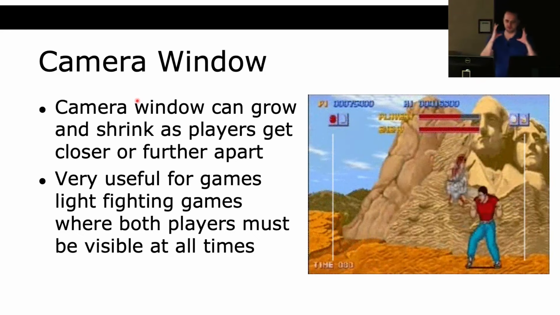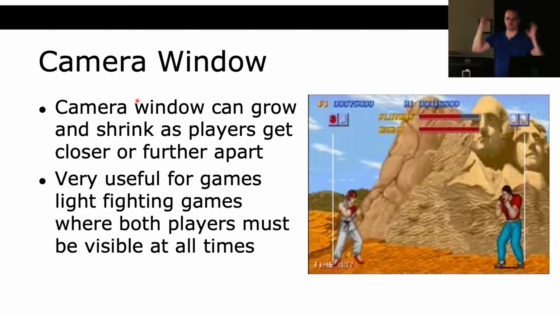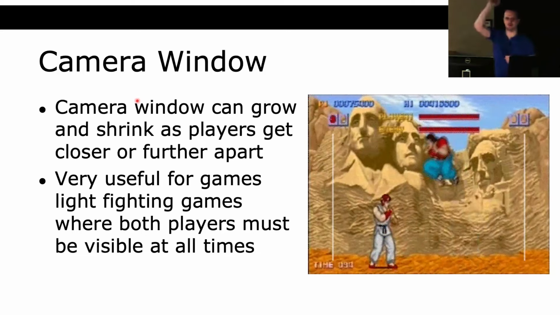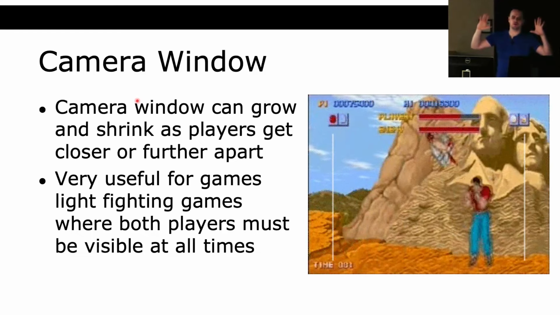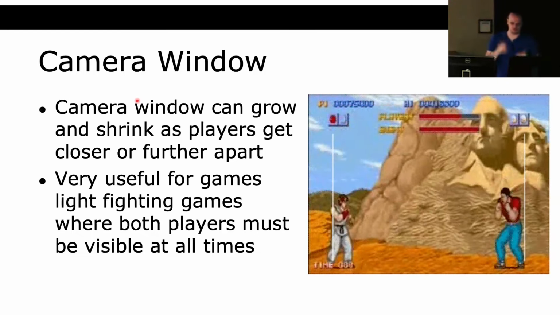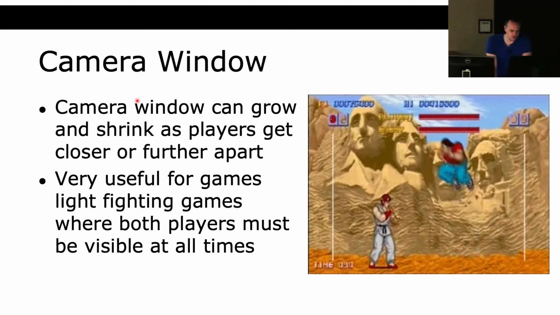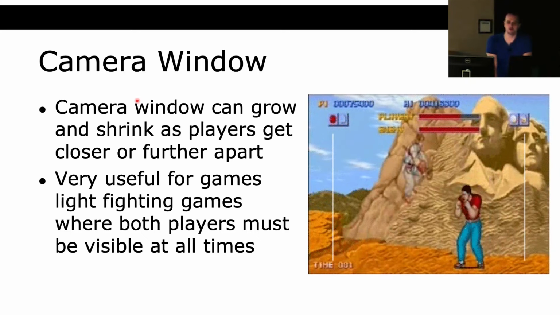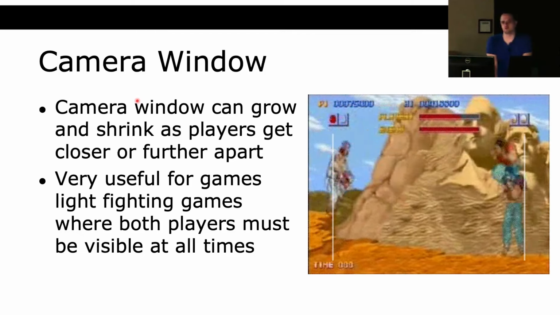You want the players to be as big as possible on the screen, and then as they move apart, because strategically you might want to be farther away from your opponent at some point, or maybe they throw a fireball, it knocks you way back, then this camera window would grow, and you would, to a point, shrink the players in the view so you can see them, and then they move back together and the camera view goes in again. So it's very useful in games when you want to ensure that some things in the game world are always visible on the screen.